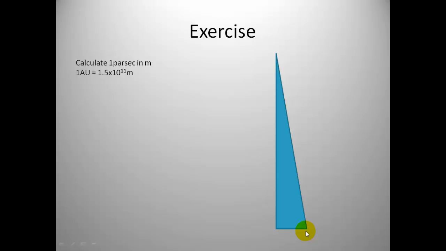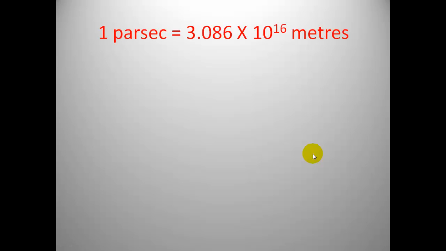You know what this angle is. It's going to be 1 second of arc, which is 1 degree divided by 3,600. So you work out what this distance is. You can use tangent, or you can use sine, because as far as we're concerned, the 2 legs of the triangle are the same size. You should find that 1 parsec is 3 times 10 to the 16 meters. So I need you to do that example now, because you might be asked in an exam.